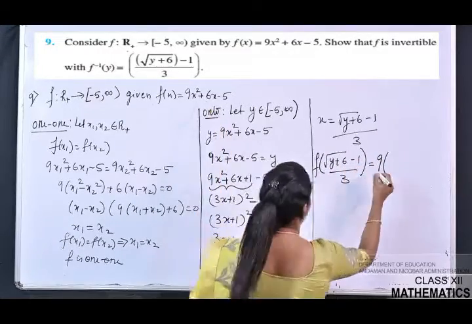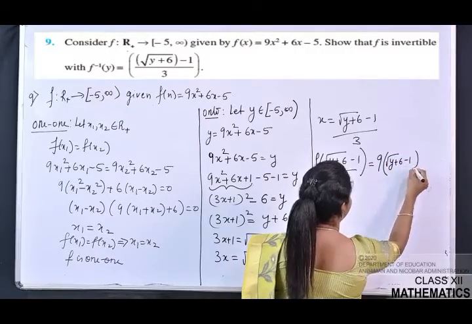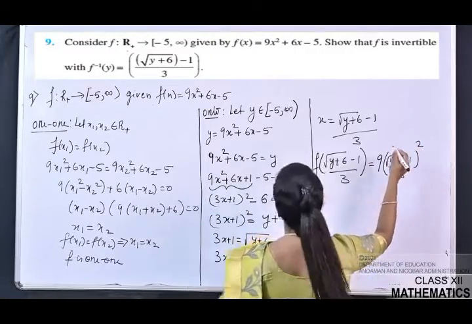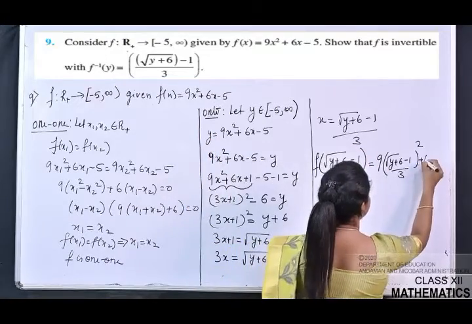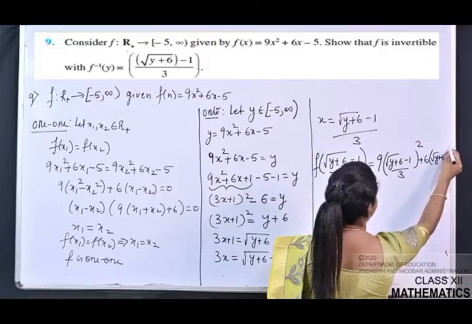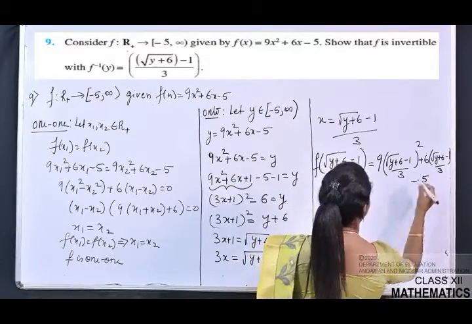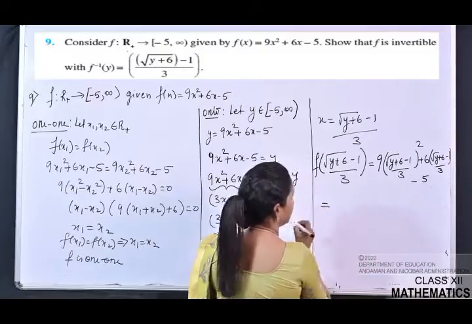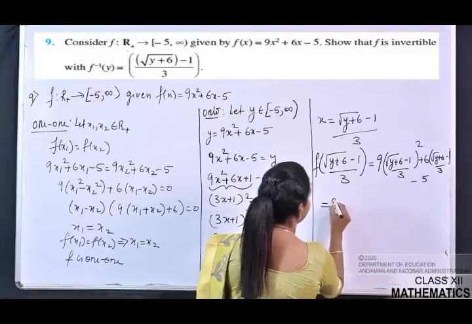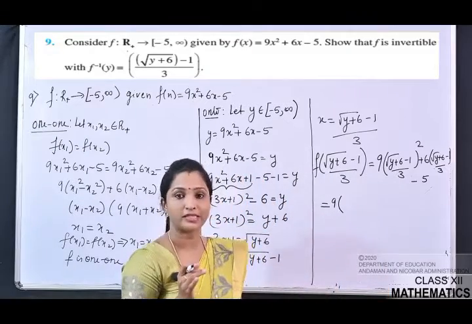So this is root of y plus 6 minus 1 by 3, the whole square, plus 6 times root of y plus 6 minus 1 by 3, minus 5. ठीक है, that will be equal to, now here you have to expand it by using the formula a minus b the whole square.